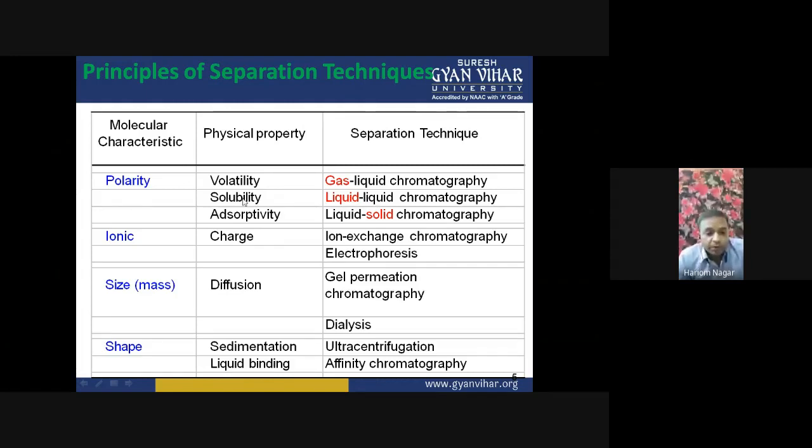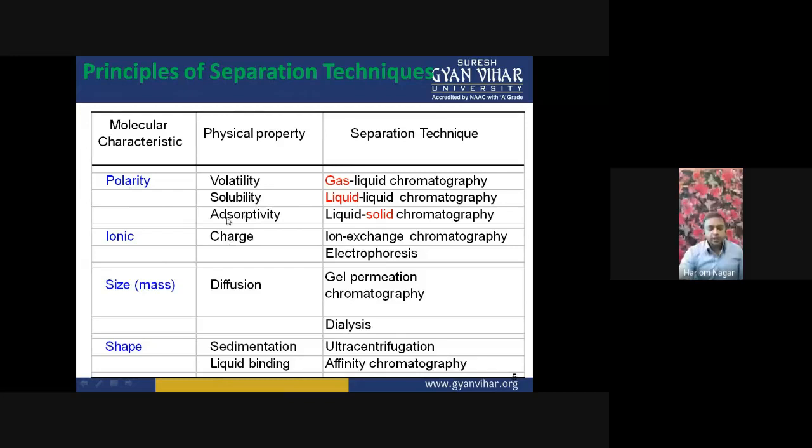Then the more polar component present in the mixture will interact with the liquid for more time, migrate more distance, or elute faster from the chromatographic column. And the less soluble, meaning less polar, component will interact with the stationary phase for more time or be retained in the column for more time, meaning its elution will be less.